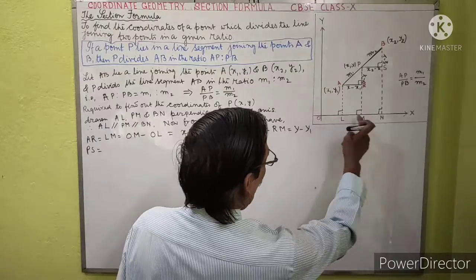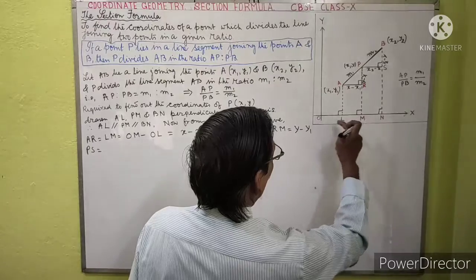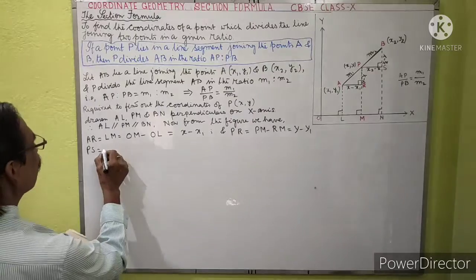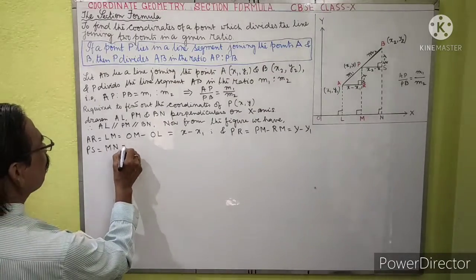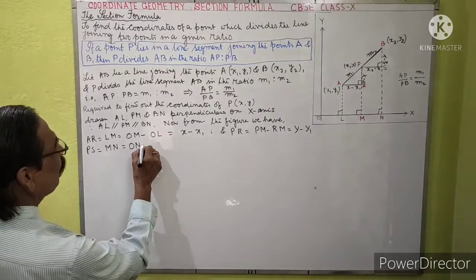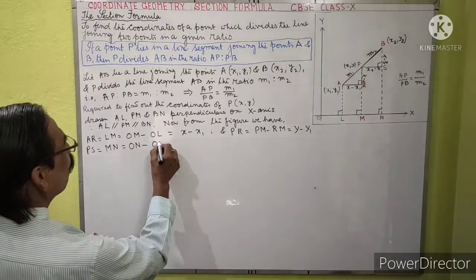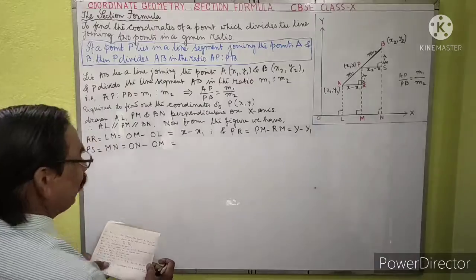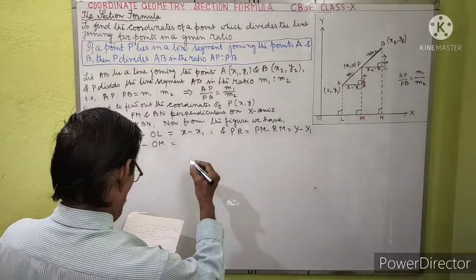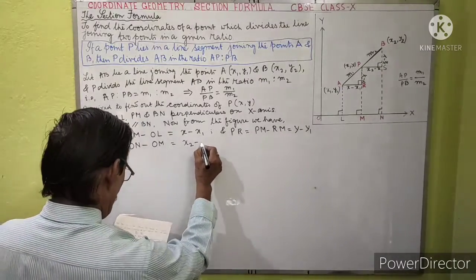And PS equals MN, which equals ON minus OM, that is x2 minus x.